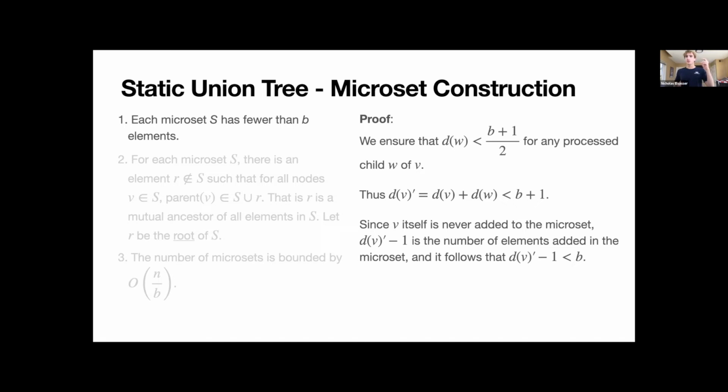And so the count on the current node plus the child node has to be less than (B+1)/2, because this threshold has to be set on both nodes. And so then when we create the microset, we're not actually adding the parent node to the microset. So we can take this sum and subtract 1, and that is the number of nodes we're adding to the microset. And when we take that sum and subtract 1, it is strictly less than B. So this first property will hold.